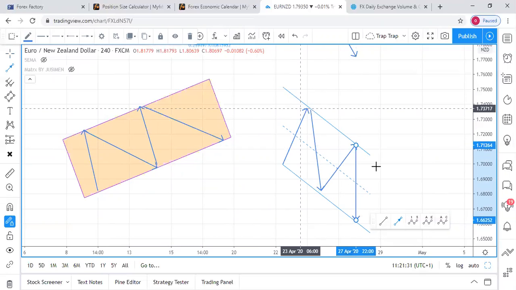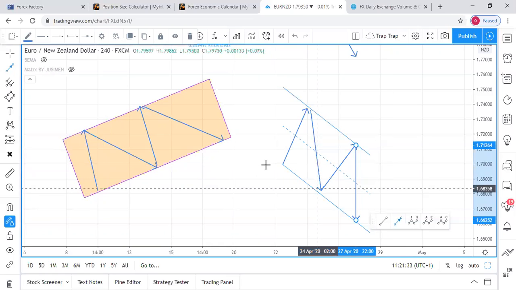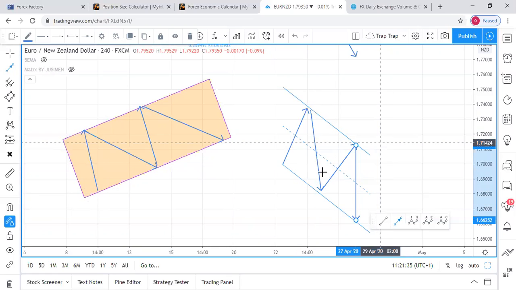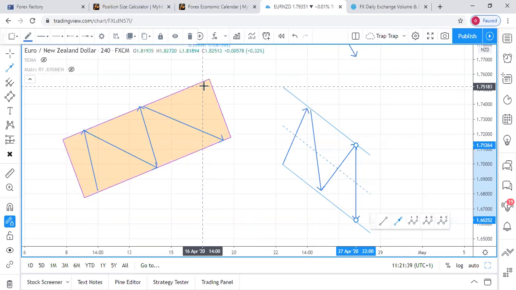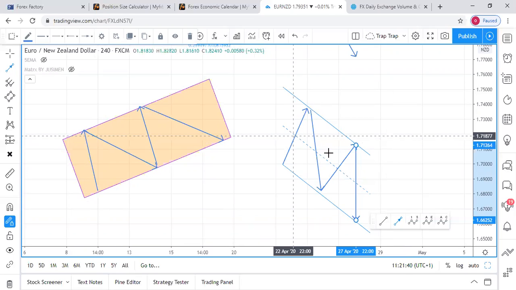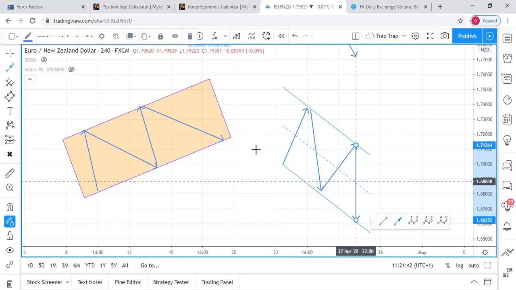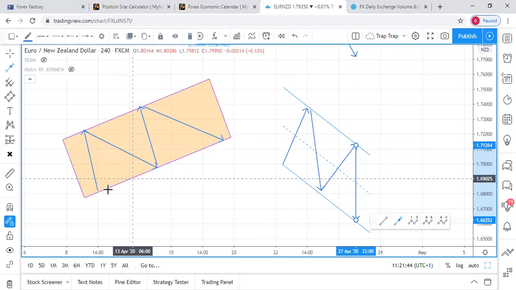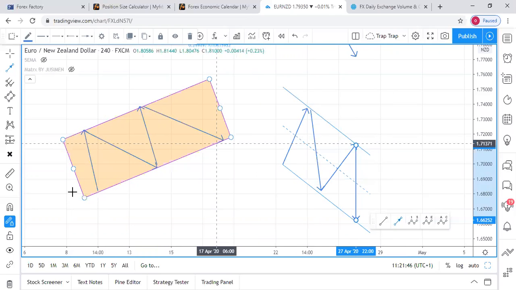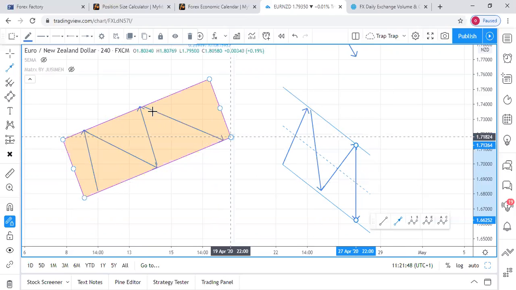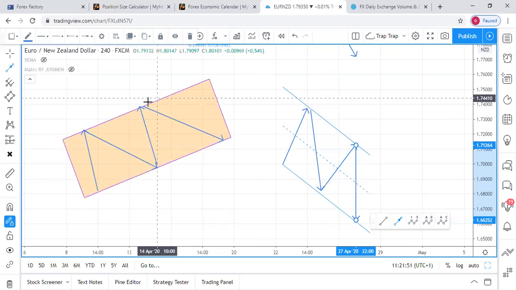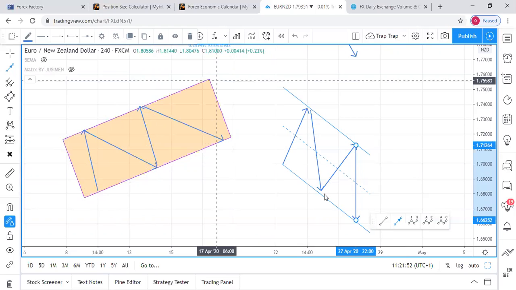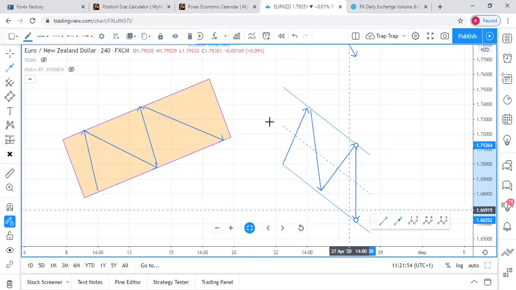Price just seems to be respecting an imaginary line, bouncing up and down. This was a scenario where price is going up, and to the right is a scenario where price is going down, right? So the lower part of this one is still a support, and the top part will still be a resistance.